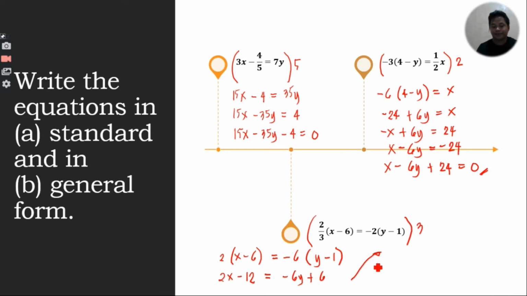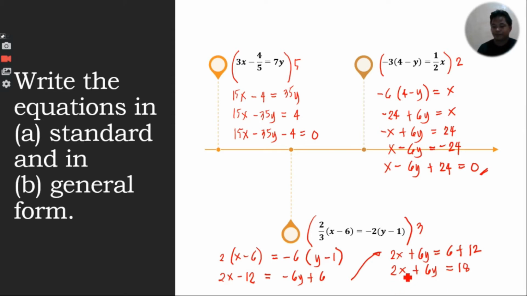Let's continue. So writing it in standard form, the negative 6y going to the left will become positive 6y. Then transposing negative 12 to the right side, 6 plus 12. So 2x plus 6y is equal to 18.